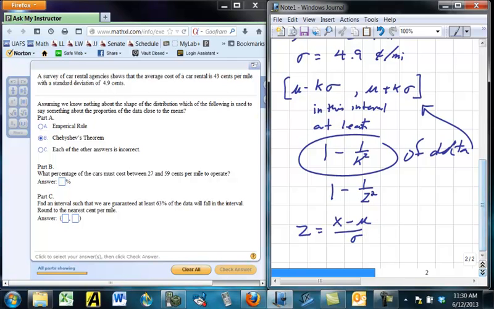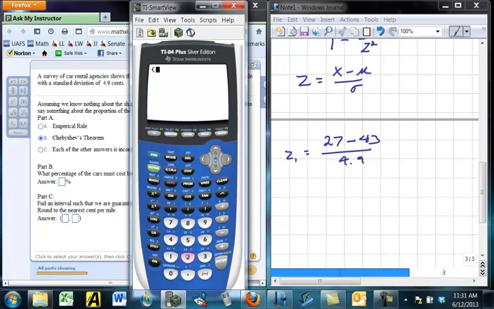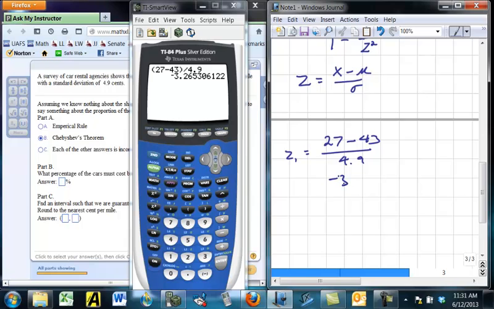So for the first one, 27, z1 is 27 minus 43 over 4.9. I'll use a calculator: 27 minus 43 divided by 4.9 is negative 3.265306122.